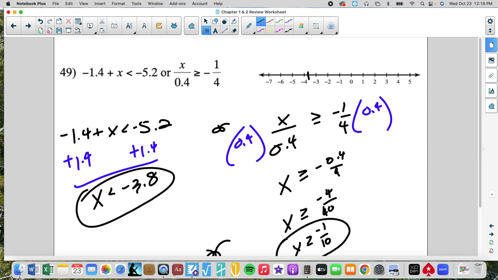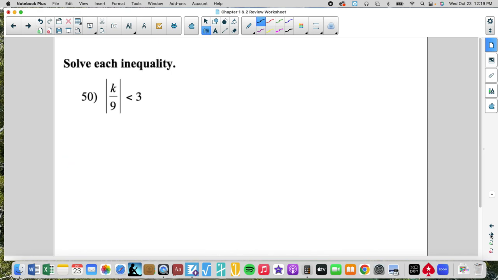Negative 3.8 is right here. That's an open circle going that way. X is greater than negative 1/10. Negative 1/10 is here, open circle going to the right. Greater than or equal to, sorry, closed circle. Boom.